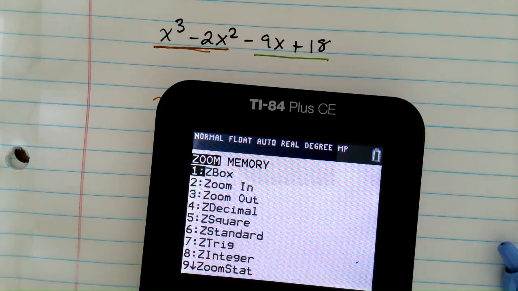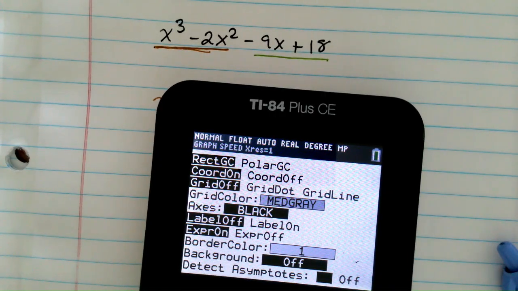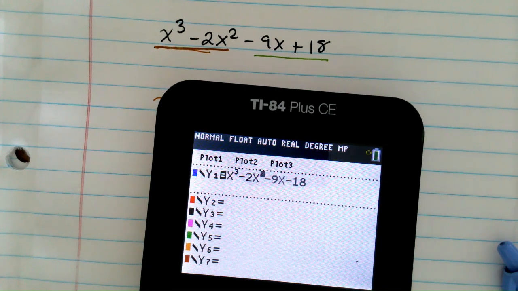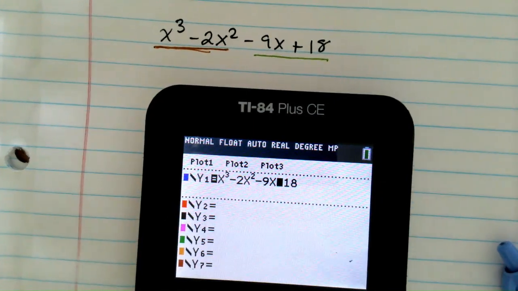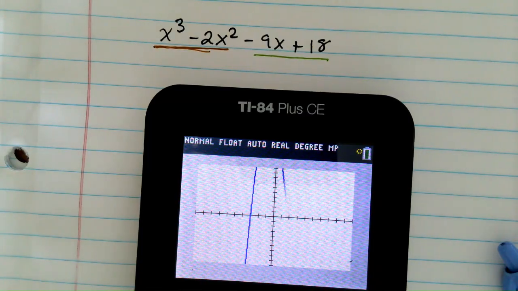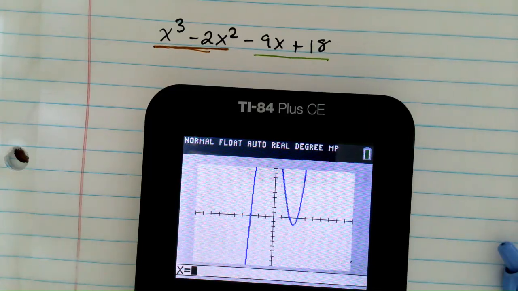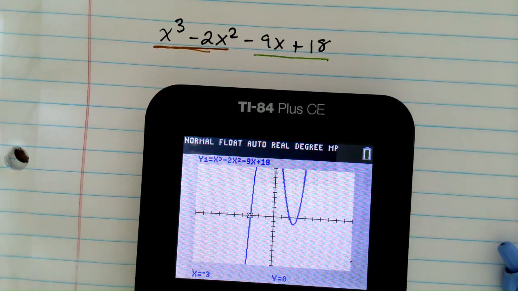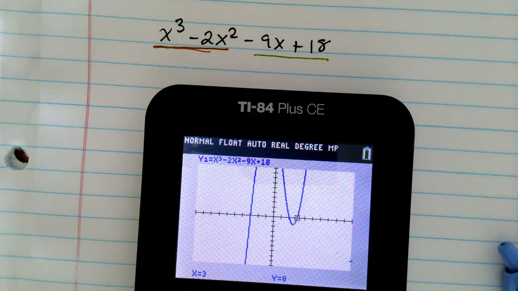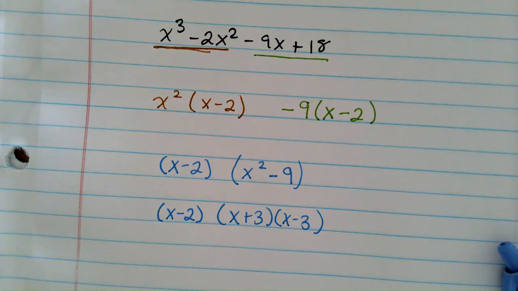I'm going to go into format, and at the bottom I'm going to turn asymptote detection off, and I'm also going to come back and make that a plus, not a minus. Typos are bad in your calculator. We can see it does cross the x-axis 3 times, at negative 3, at positive 2, and at positive 3. So that's why we're getting 3 perfect little parentheses, because it crossed at 3 perfect little locations.